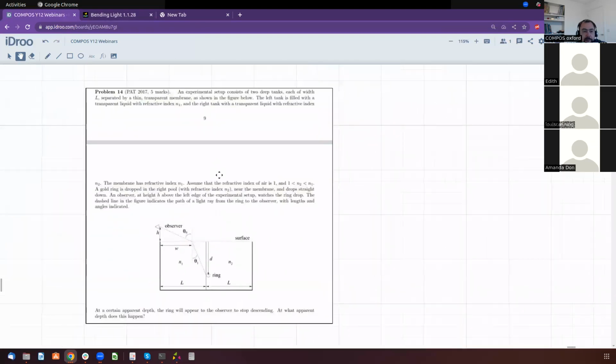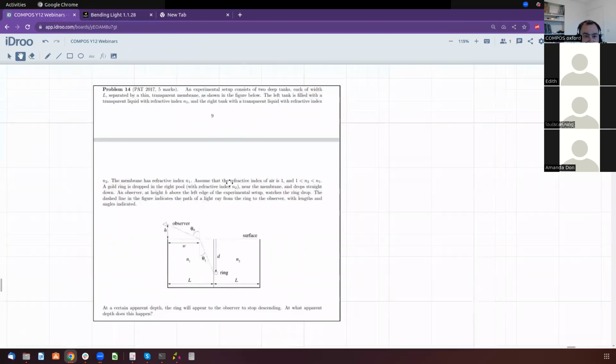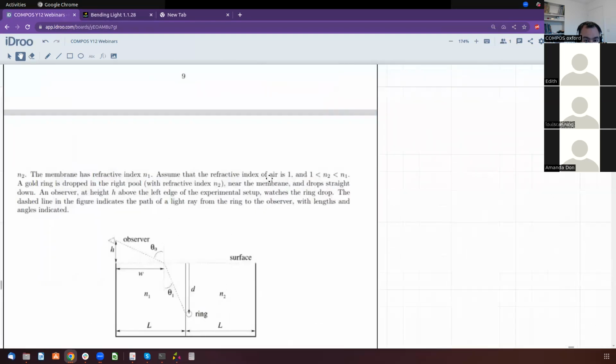Finally, this question, the problem 14. An experimental setup consists of 2 deep tanks, each of width L, separated by a thin transparent membrane as shown. The left tank is filled with transparent liquid. The right tank is with a transparent liquid with refractive index of N2. The membrane has a refractive index N1. Assume that the refractive index of air is 1.